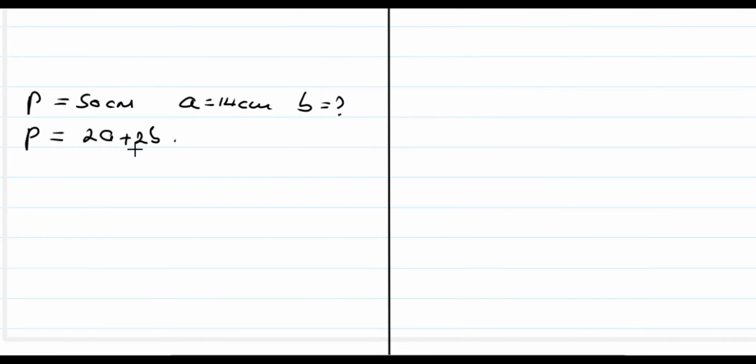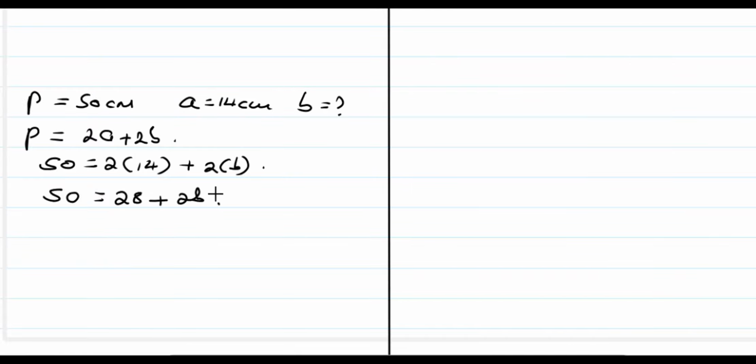And you see, we already have the perimeter, which is 50 is equal to 2 into A, and A is 14, then plus 2 into B, but we don't know B, it is the one we are asked to find.